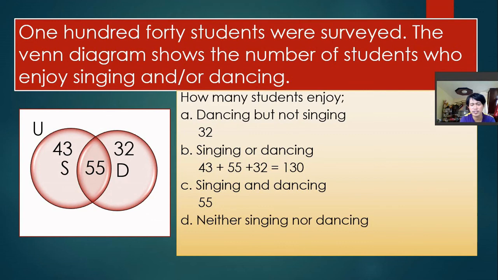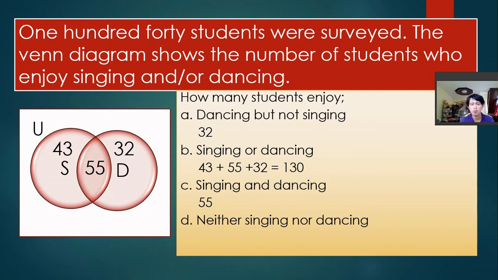Now, how about neither singing nor dancing? These students do not get involved in the two talents, singing and dancing. How many? Imagine there are 140 students, and if we add up all the numbers inside the two circles, 43 plus 55 plus 32, it's only 130.